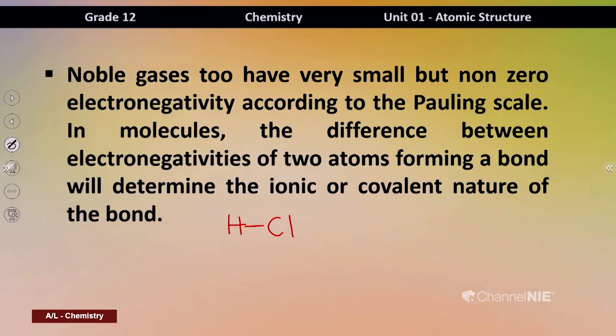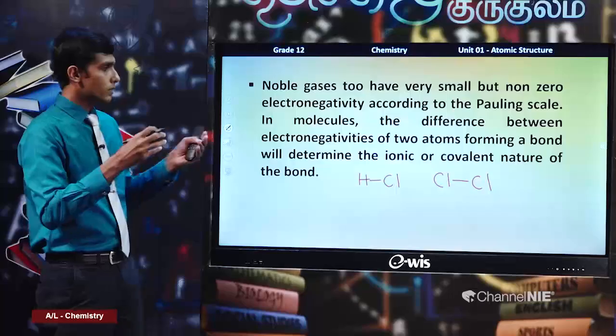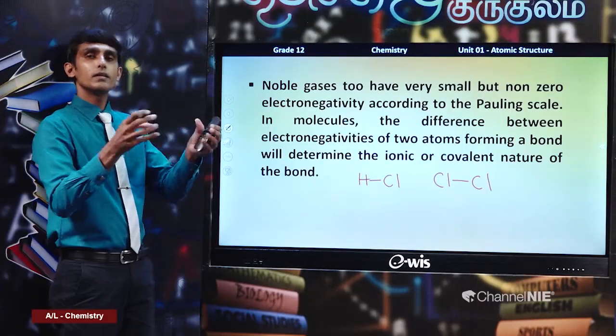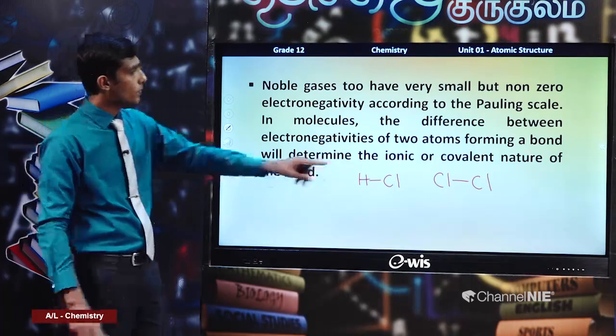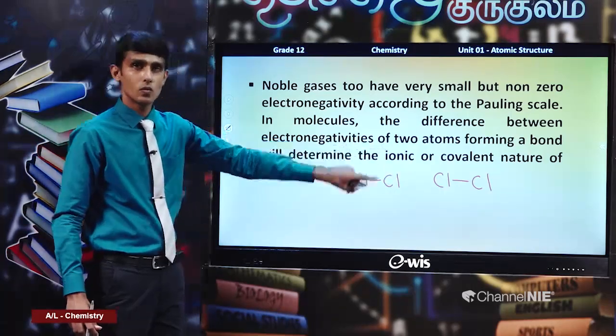Therefore, the electron pair will be attracted more towards chlorine. This type of bond is known as a polar covalent bond, because the electron pair is attracted more towards chlorine than hydrogen. In contrast, if you consider a molecule like Cl2, with two atoms of the same element, the electron pair is evenly distributed. This type of bond is known as a non-polar covalent bond.